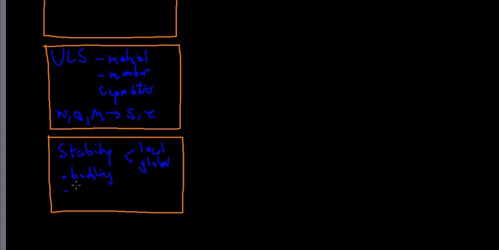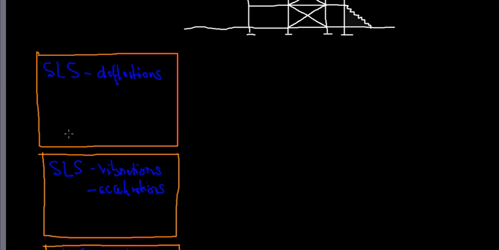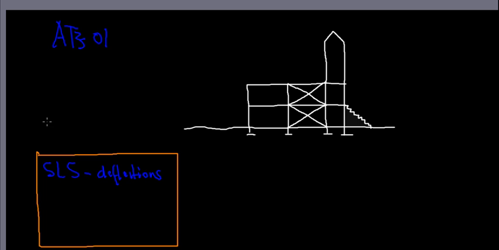It could be plate buckling or system buckling. Now, system buckling could be, for example, a sway to the side or a twist. So we have the stability, the ultimate limit state, and these serviceability limit states that I divide here in deflections and vibrations and accelerations. So here's our building.